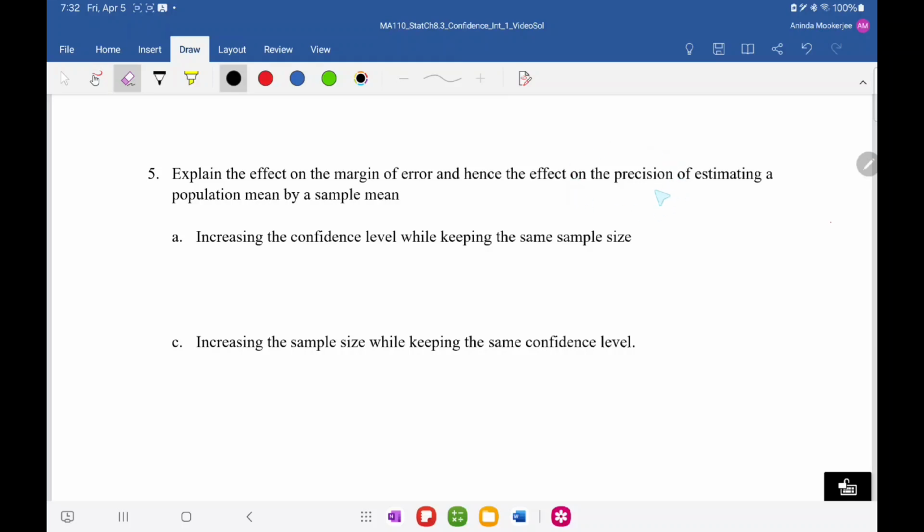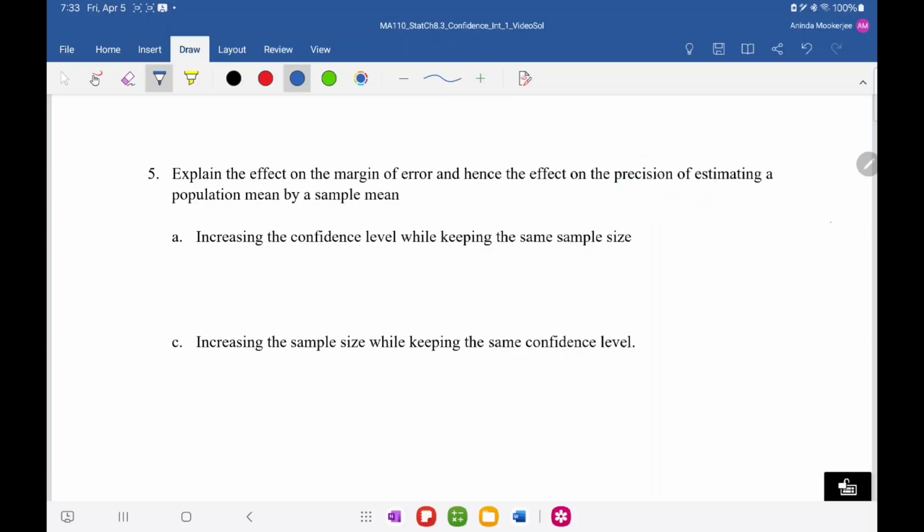It says here, explain the effect on the margin of error and hence the effect on the precision of estimating a population mean by a sample mean when increasing the confidence level while keeping the same sample size. So keeping the sample size the same and increasing the confidence level, what effect would it have on the margin of error and the precision of the estimation?